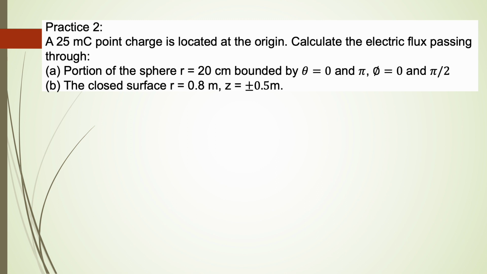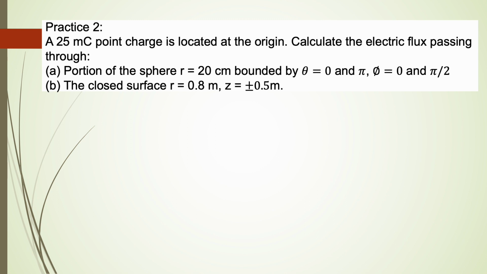The question says a 25 millicoulomb point charge is located at the origin, and we need to calculate the electric flux passing through the portion of a sphere where r is equal to 20 centi, bounded by theta from 0 to pi, and phi from 0 to pi over 2.